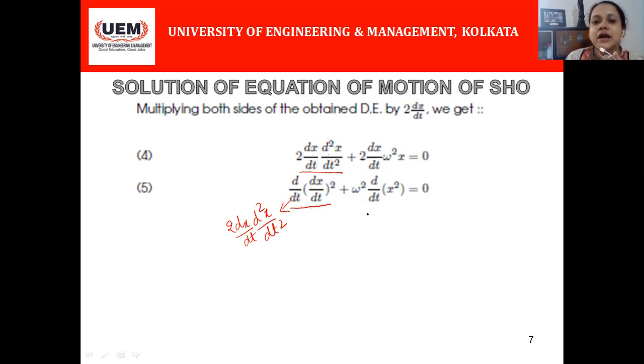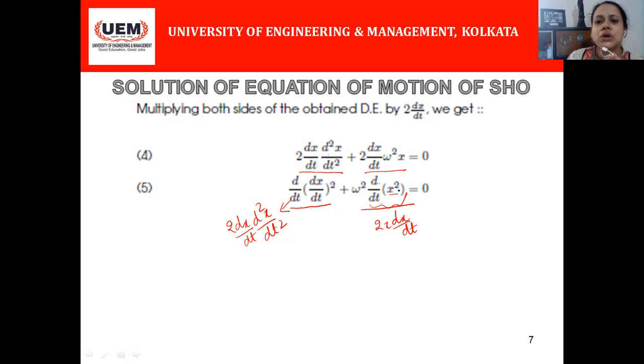And again, the second term of equation 4 can be written as the second term of equation 5, because ddt of x square is 2x dx dt, which is why the second term of equation 4 is the same as the second term of equation 5.